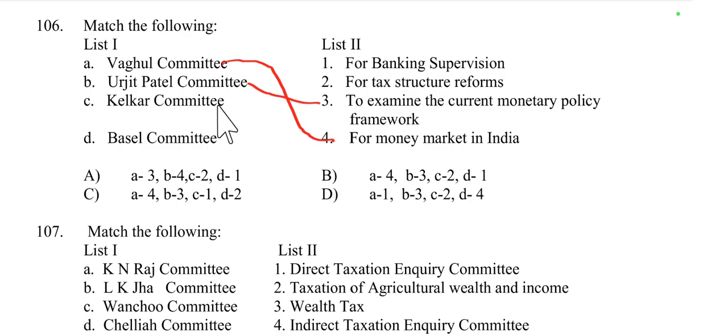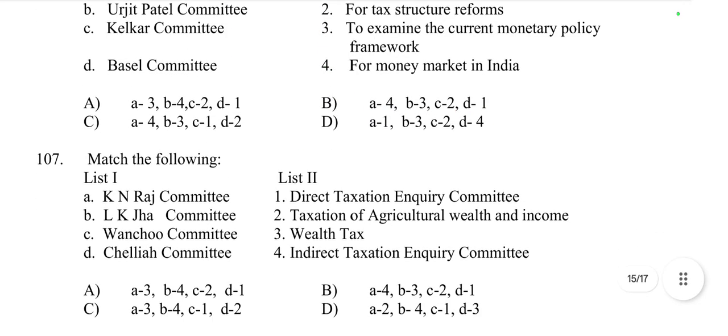Then Kelkar committee, you know, Kelkar committee is related to tax. So Kelkar committee is for tax structure reform. Then Basel committee is related to banking, banking supervision. A for B3, C2, D1 is in option number B.